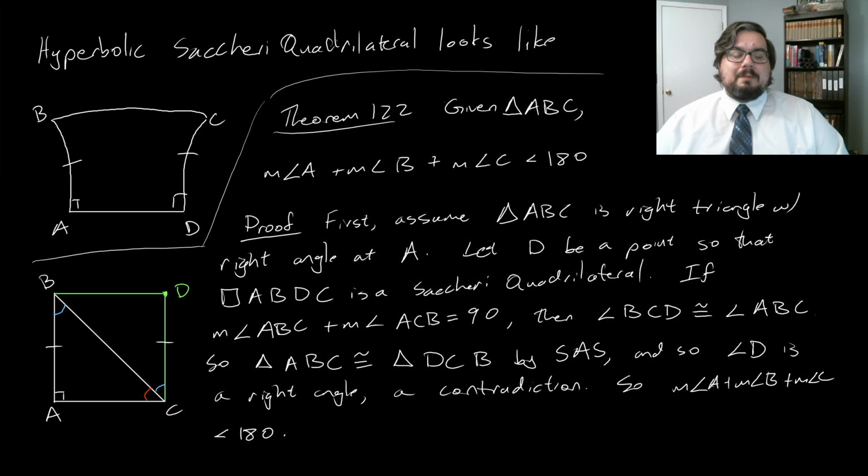Now let's look at what happens if we don't have a right triangle, because the technique of the next proof suggests something that is going to wind up being very important to us in terms of understanding how triangles work in hyperbolic geometry in general.